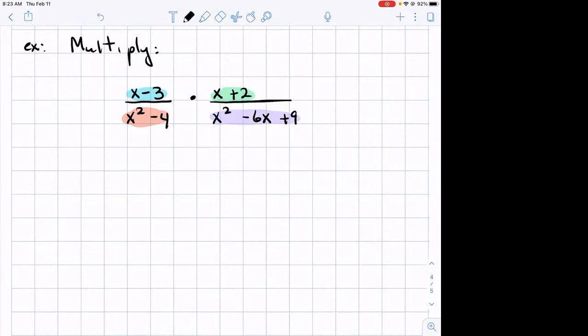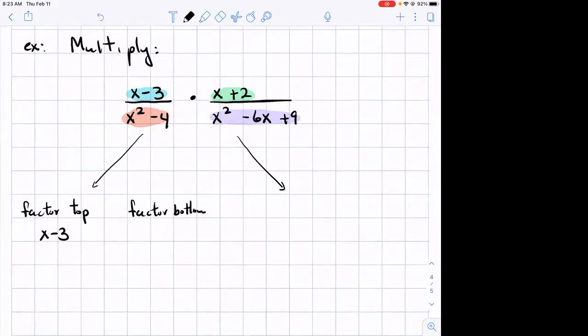Now, what I like to do is forget about the whole multiplication. We want to factor. Can we factor the top, which is x minus 3? And then we want to also factor the bottom. This is the left half of the problem, which is x squared minus 4.